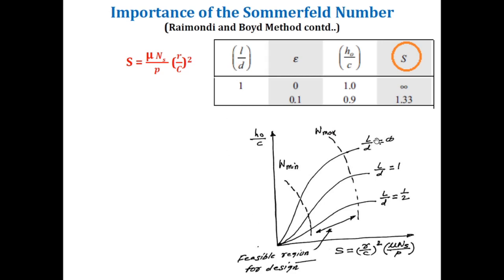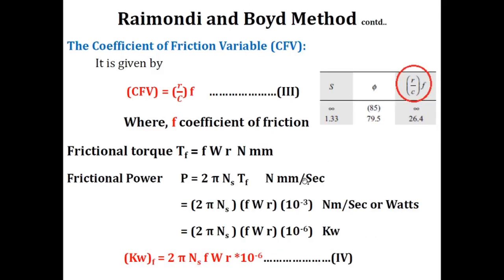So here L by D is infinity, L by D is 1, and from this graph we are able to find out the feasible region for the design, and your minimum load and maximum load should be within this range, and that gives you the idea for the selection of the bearings, through the Sommerfeld number also.